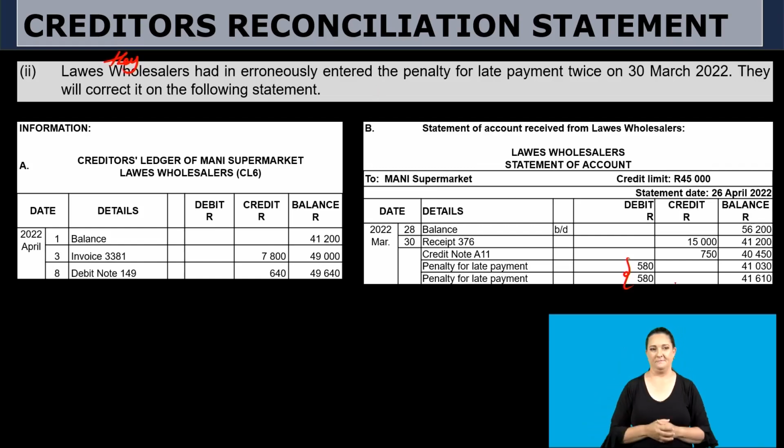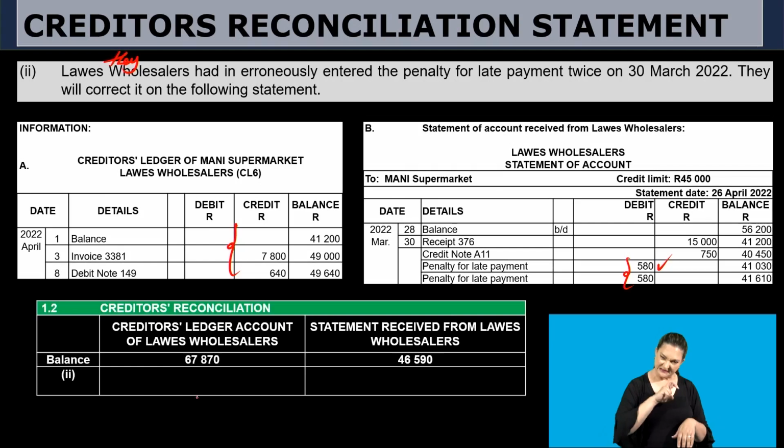So, you have to understand that we were charged a penalty, so this amount is correct. But when you come to the ledger, you don't see that penalty. That means we must come and record that penalty.